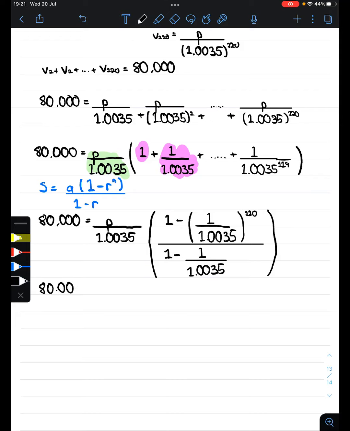So we have 80,000 equals P over 1.0035 by 98.19.